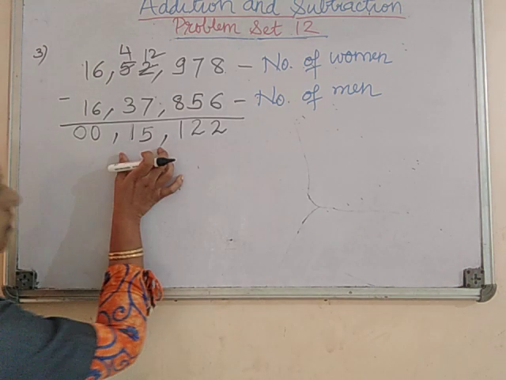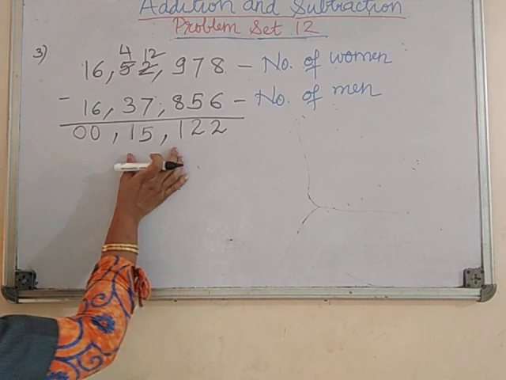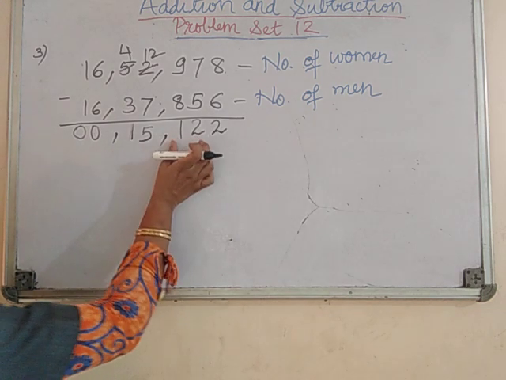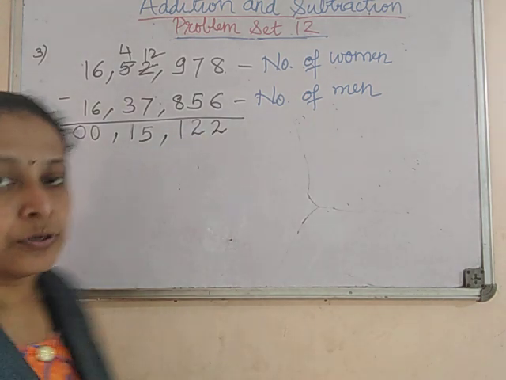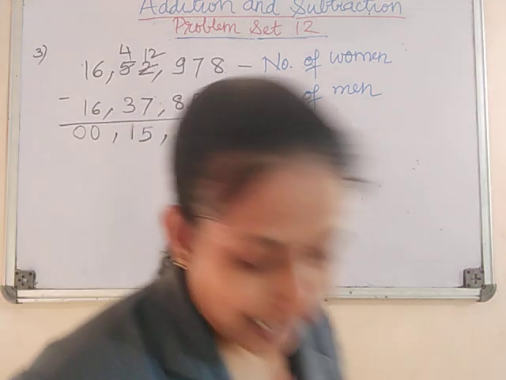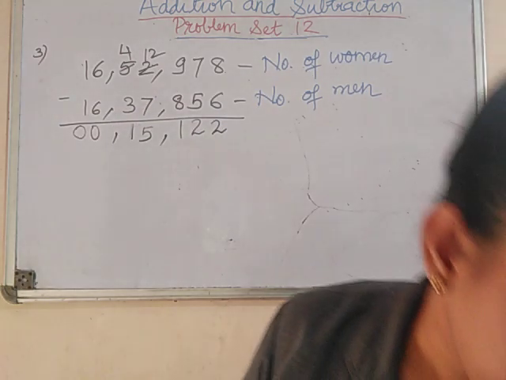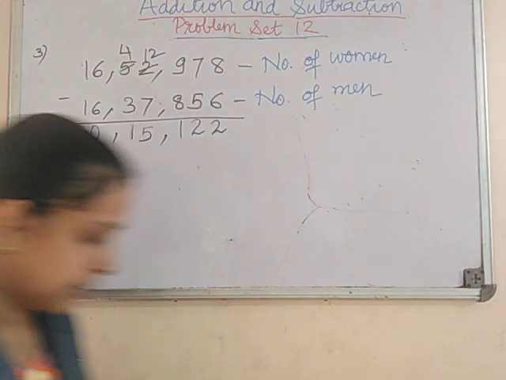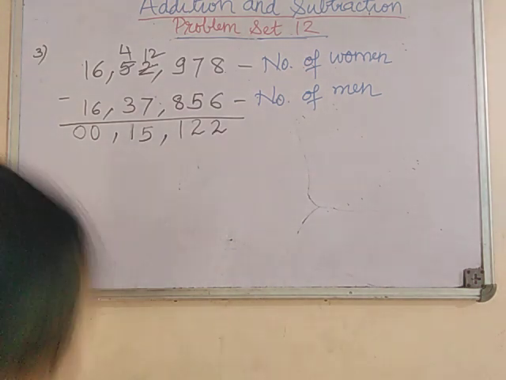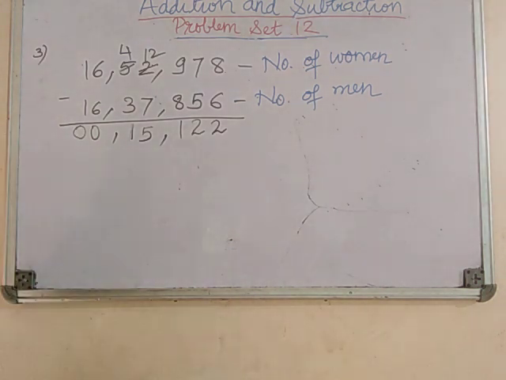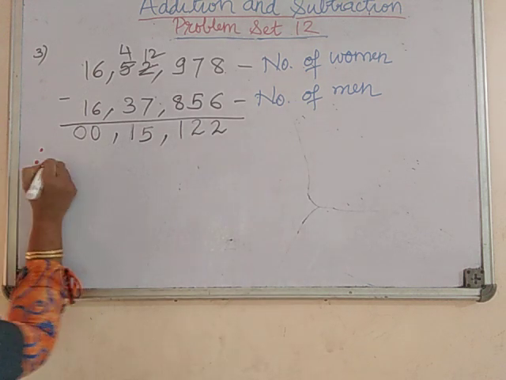So what we have now? The number of women exceeding men is around 15,122. Number of women which are exceeding the number of men in a certain city. So we shall conclude now by writing a statement according to the question asked.